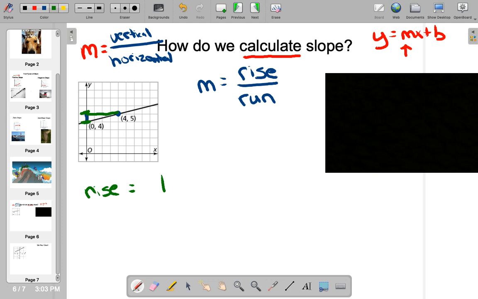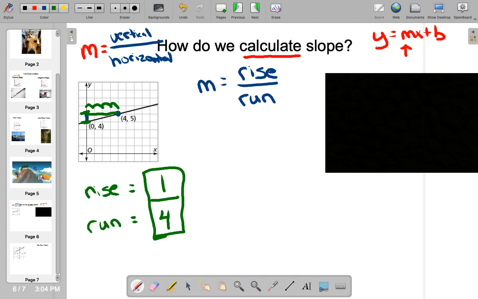Now, when we're looking at from here to here, we're counting how far over we're going, or how much did we run, which would be 1, 2, 3, 4, which means our run is equal to 4, which means our slope is equal to 1/4.